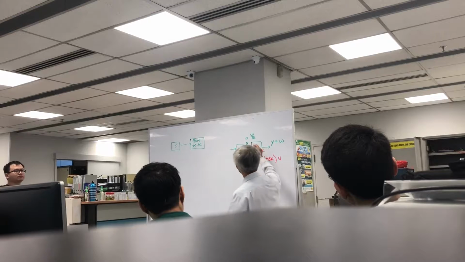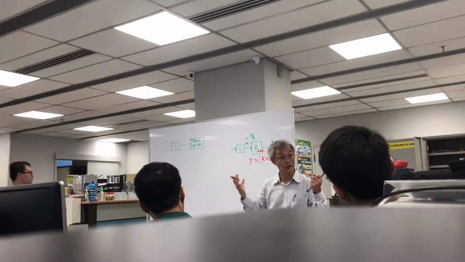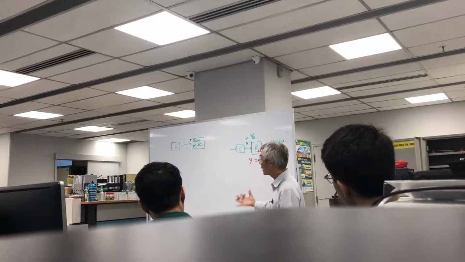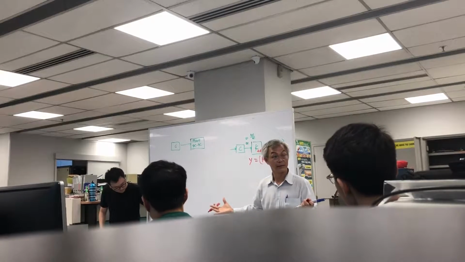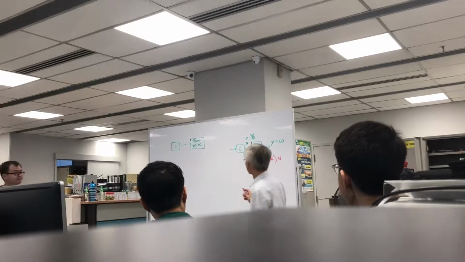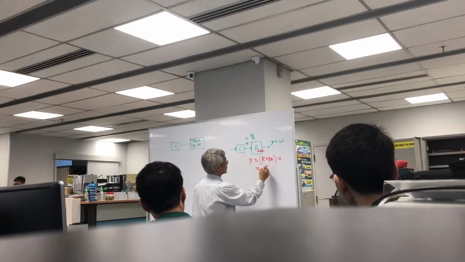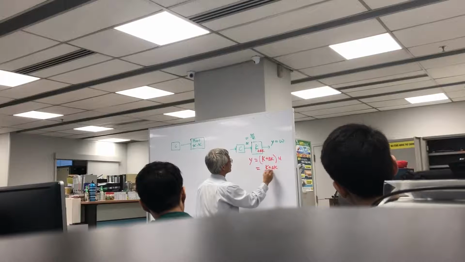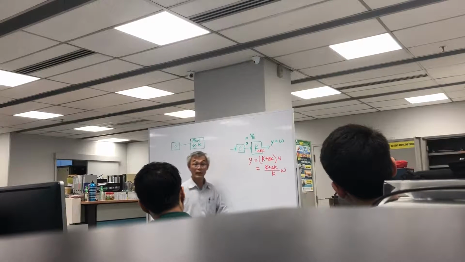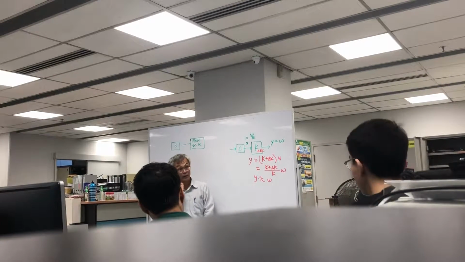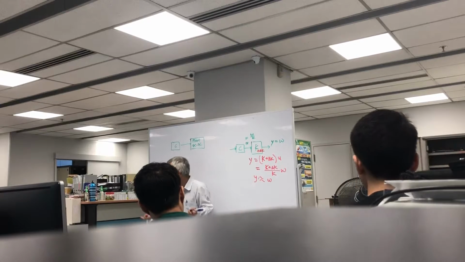But then, when you design your controller, you don't have perfect information, you think that the plant is K. So, your actual output will be as shown. If delta K is small, then that's good. If delta K is large, then that's no good.